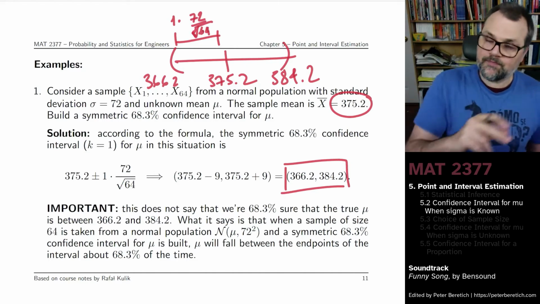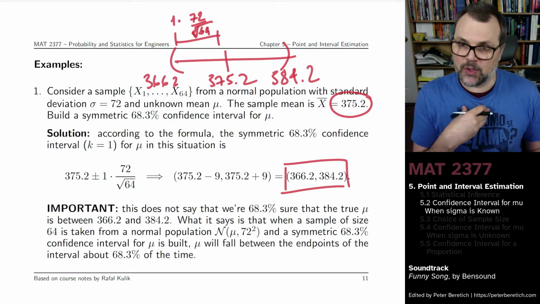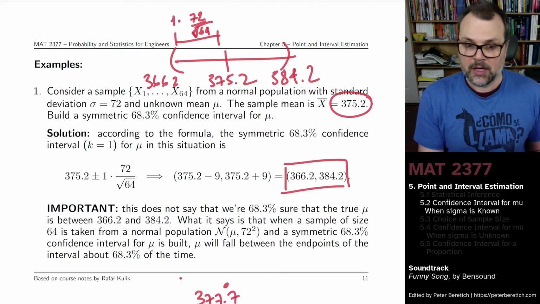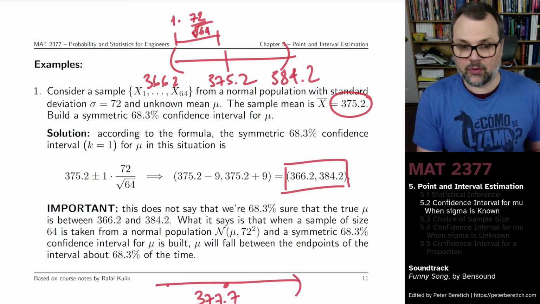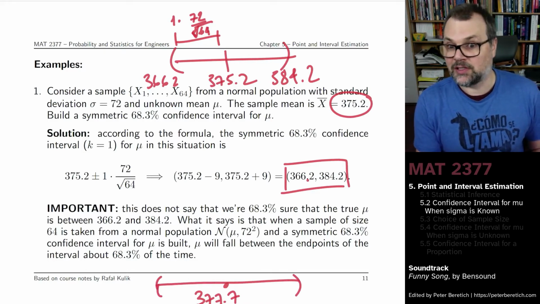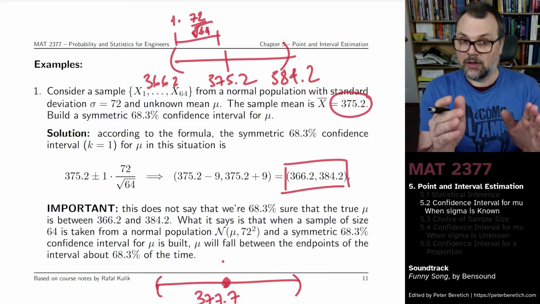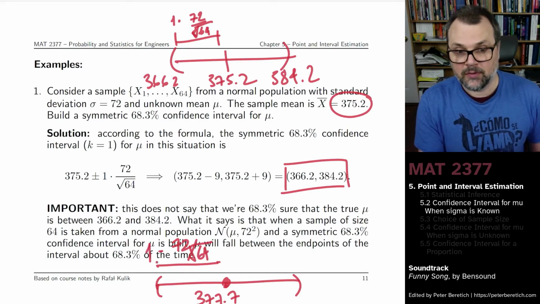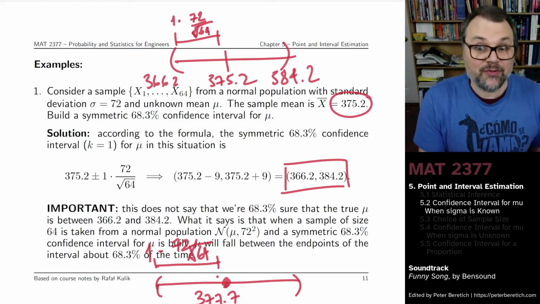But if you were to pick a different sample than the one that I picked, your sample mean might not be 375.2, it might be 377.7, for instance. In which case, your confidence interval would not be 366.2 and 384.2. The center of it would have shifted. Now, it would have the same width as the one that I built, 72 divided by the square root of 64 times 1 for both of these sides, but it would have different endpoints.